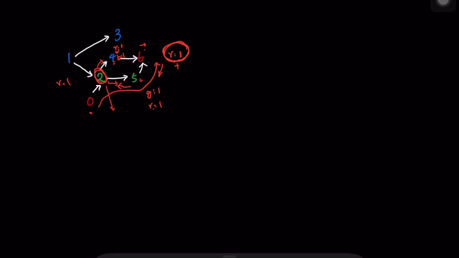And we have a blue 1, and there is no blue on the other path, but we want to take the maximum, so we keep track that there is a blue 1. And then here is a green 1.